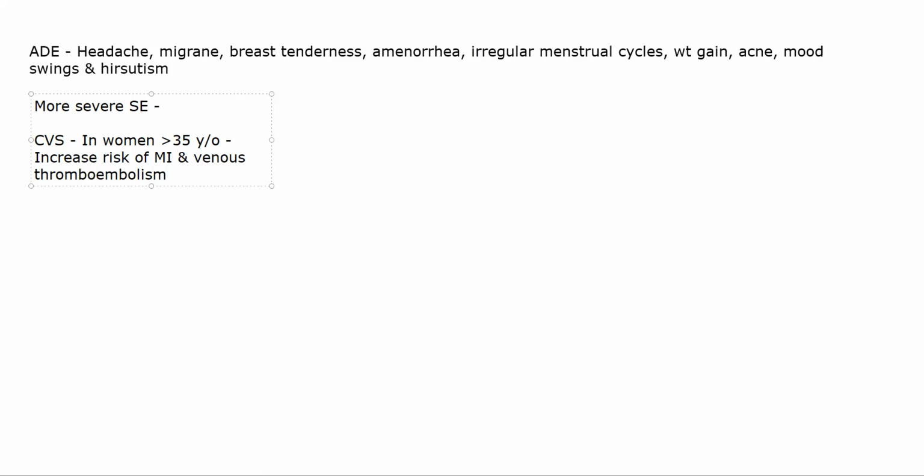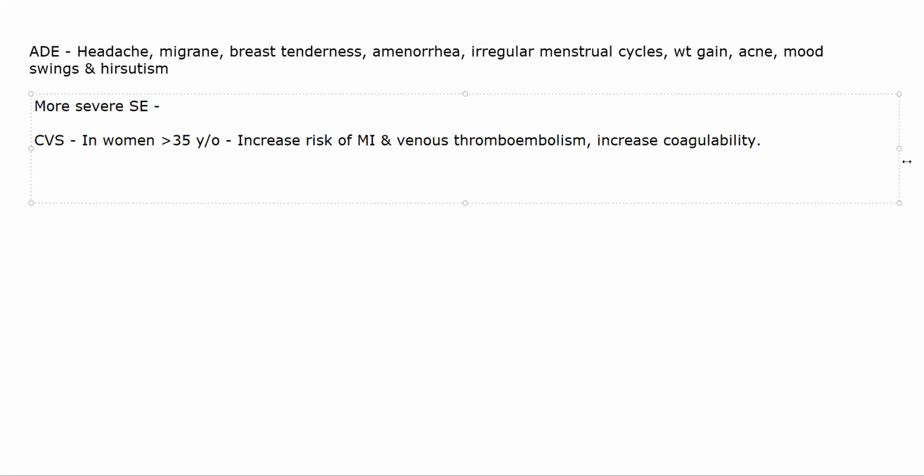So stroke can also occur because of that. It will increase coagulability. Newer drugs are relatively safer, but still they do have some risk. It can cause hypertension. It can cause cancer, especially cancer of the cervix and breast.